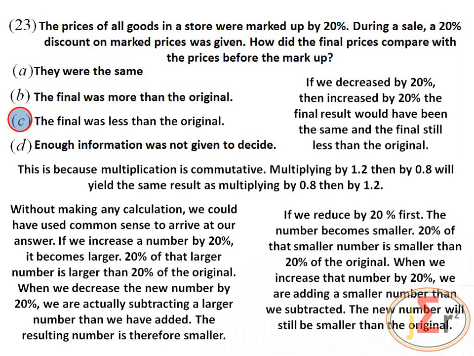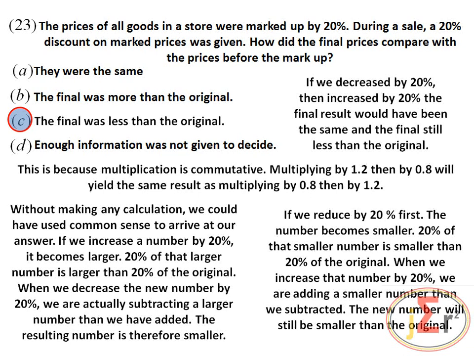Let us take a look at what happens if we were to reduce by 20% first. So if we reduce by 20% first, the number becomes smaller. 20% of that smaller number is smaller than 20% of the original. When we increase that new number by 20%, we are adding a smaller number than we have subtracted.